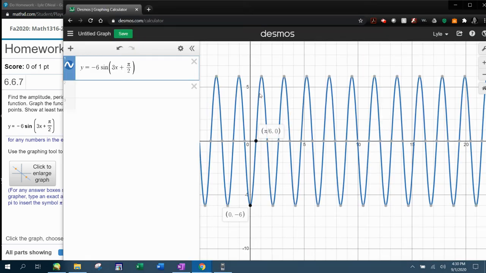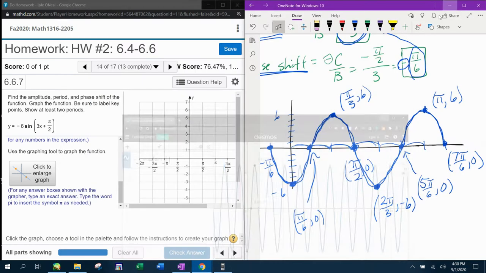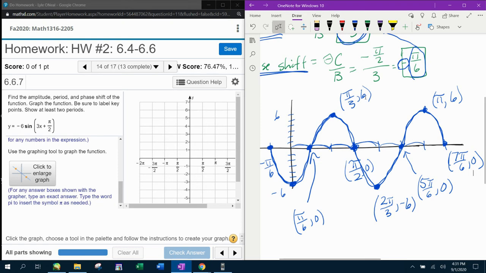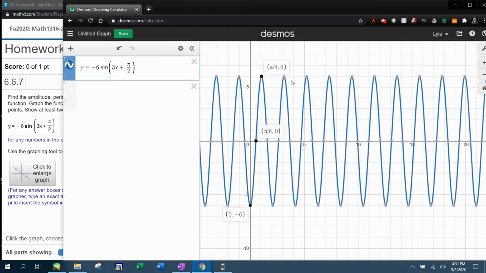There's pi over 6 and 0. Pi over 3 is at 6. We got that one. And instead of dragging this out forever, I'm just going to click on a few more. There's that one. We got pi over 2 and 0, 5 pi over 6 and 0, 7 pi over 6 is, I think, as far as I went. And then there's the 2 pi over 3, negative 6.